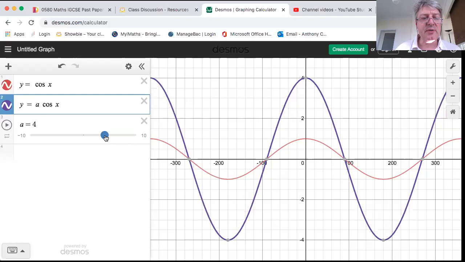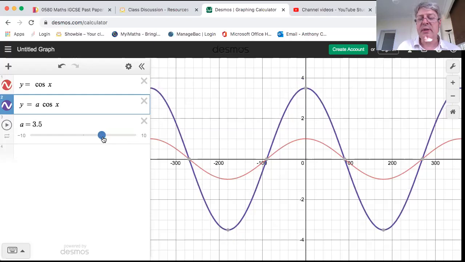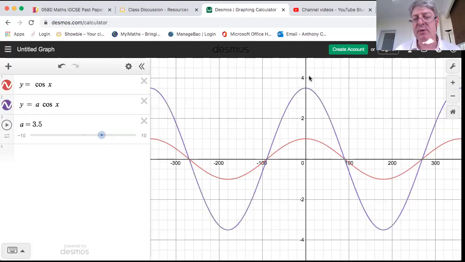This is a stretch of scale factor 3.5. So this is a way of changing a curve to make it stretch. So you don't want to move the whole curve up or down. You just want to multiply, increase the amplitude is what we say. The amplitude is the distance to the highest point and the lowest point from the x-axis. So the cos x graph has an amplitude of 1.